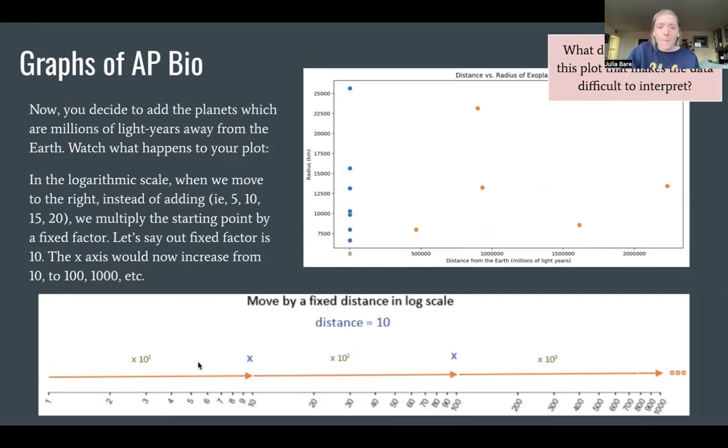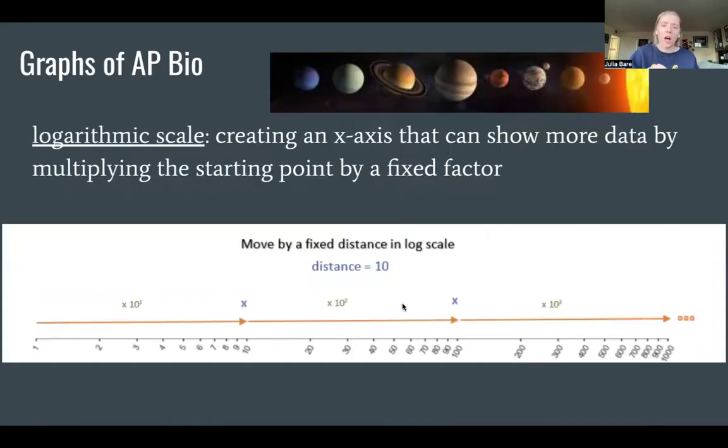We fix it by using a logarithmic scale. So a logarithmic scale is when you create an x-axis that can show more data by multiplying the starting point by a fixed factor. Now, that's a lot of information. What does that mean?